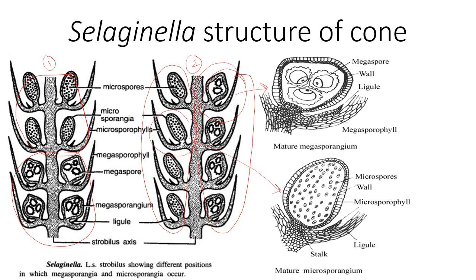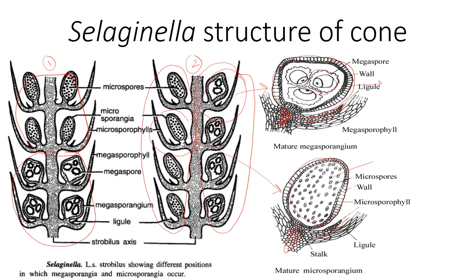So, if you look here, there is a stalk, here is a stalk, here you will see a ligule, here you will see a ligule, and this structure is the microsporangium and this bigger structure is the megasporangium.